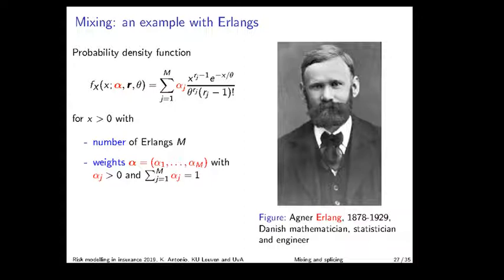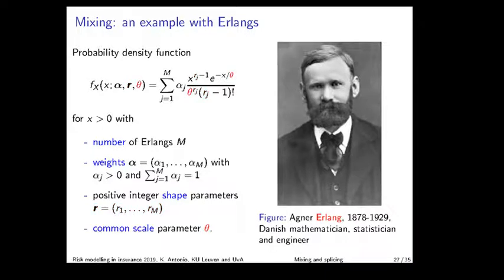The Erlang distributions used in the construction over here are specified with positive integer shape parameters r_j and a common scale parameter theta. So altogether, we have a variable component mixture with capital M number of components in the mixture, weights specified by the alpha_j's, and the densities that we use are the Erlang densities.